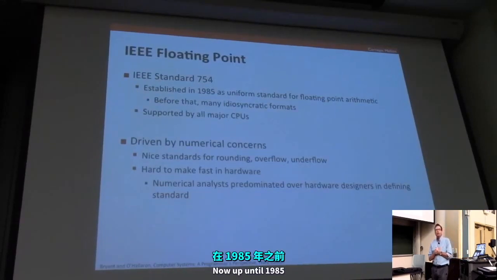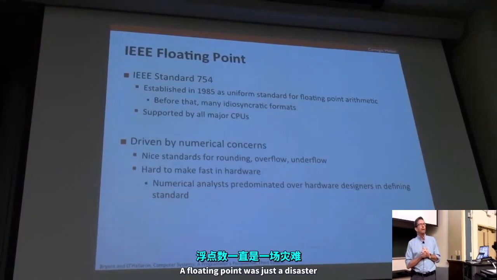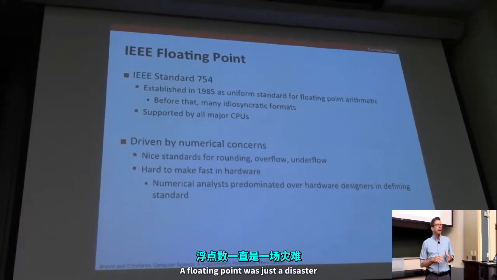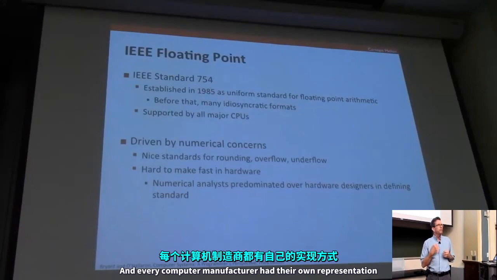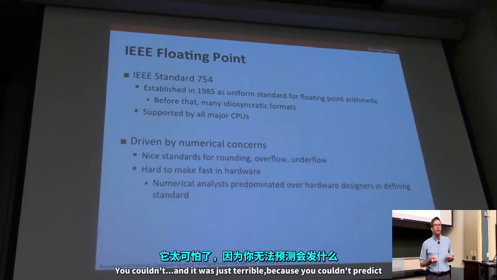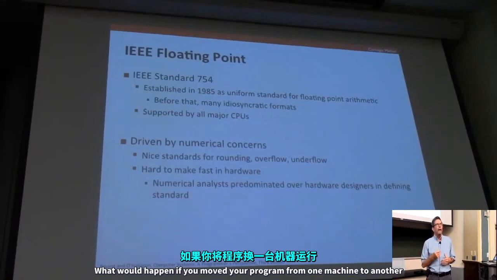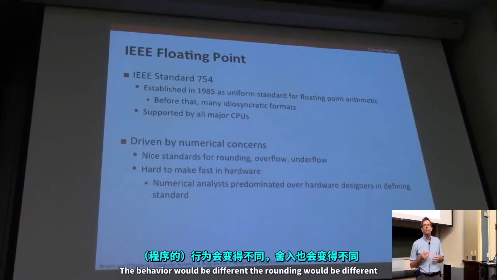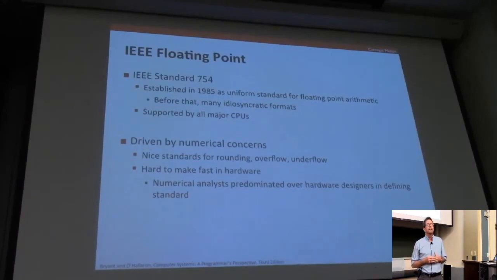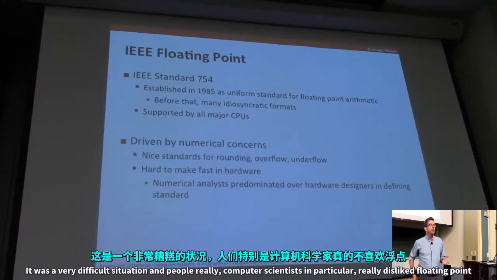Now, up until 1985, floating point was just a disaster. Every computer manufacturer had their own representation. It was terrible because you couldn't predict what would happen if you moved your program from one machine to another. The behavior would be different, the rounding would be different. It was a very difficult situation, and computer scientists in particular really disliked floating point.